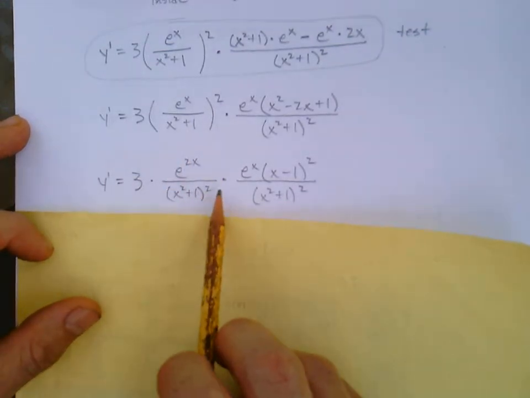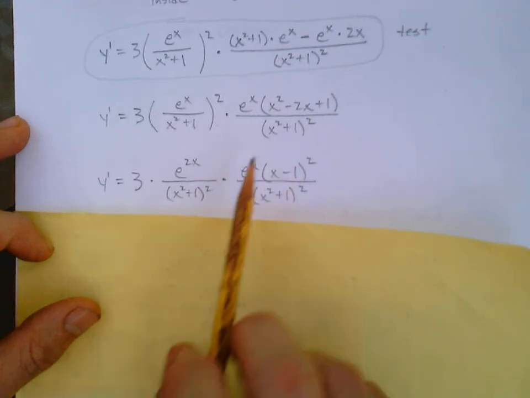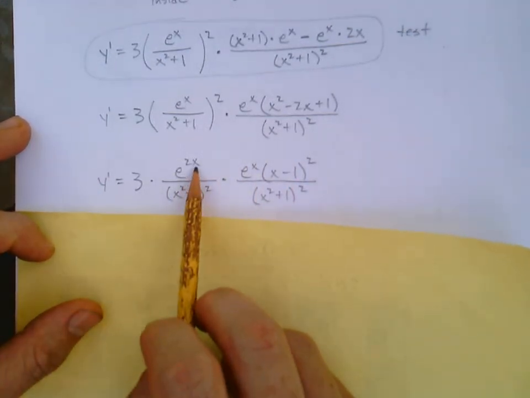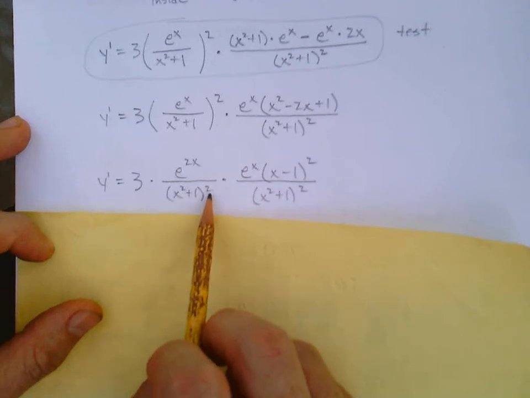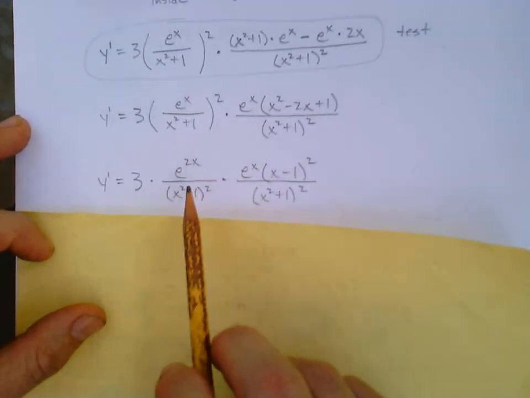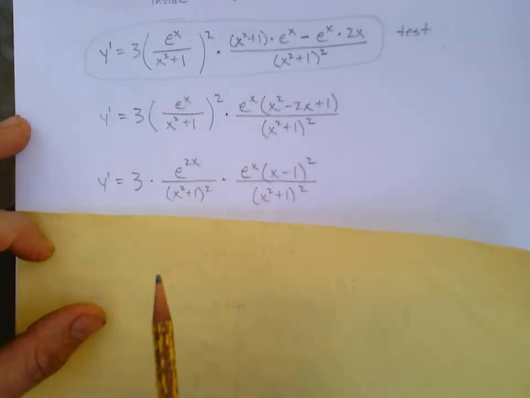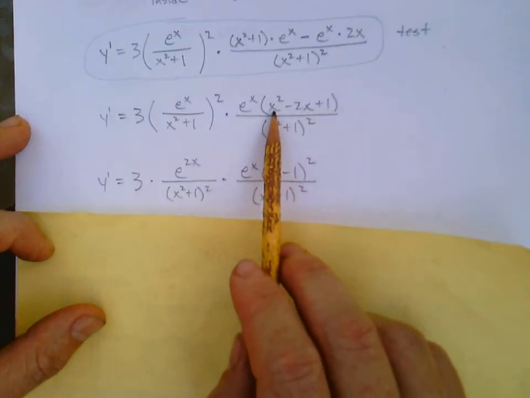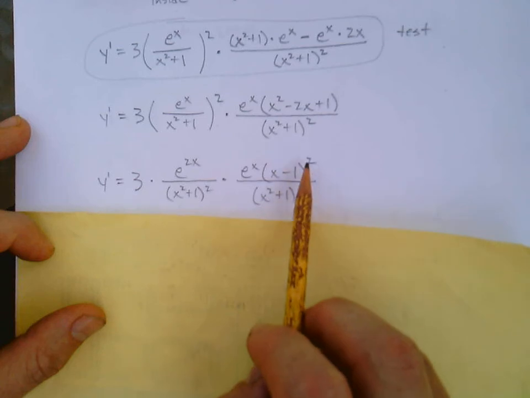Now that's going to be nice because it's going to combine really well with our other denominator. Okay, so we got the 3 e to the 2x over x squared plus 1, x squared plus 1 squared. And over here, it just so happens, as just kind of a nice coincidence, that polynomial factors as x minus 1 squared.